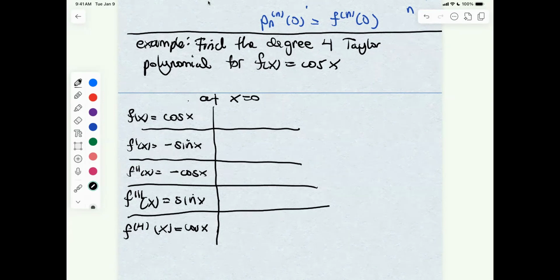So if the problem is find the degree blank Taylor polynomial, you assume the reference is 0? Yes, and if not, I would say at another number, like 3 or 4 or whatever. But the standard reference will always be 0 for us. Because now we have to evaluate this, and it's a lot. For a cosine or a sine, it's usually easier to evaluate at 0, pi over 2, places where you actually know the values.